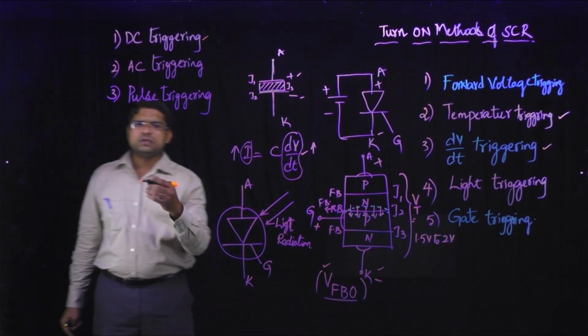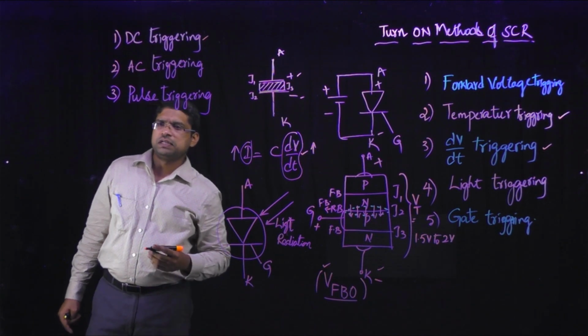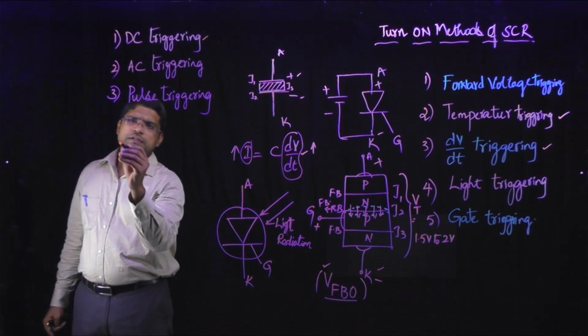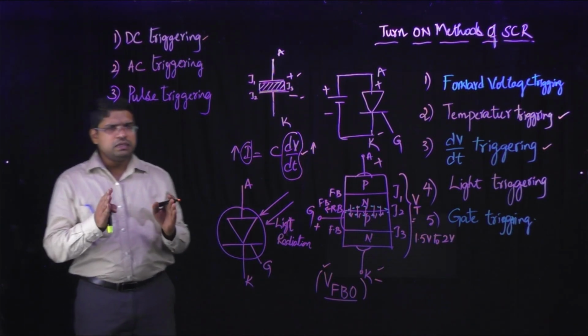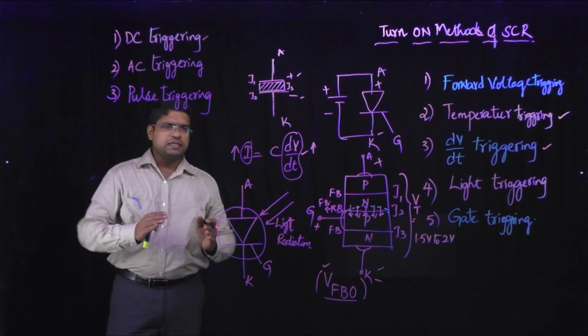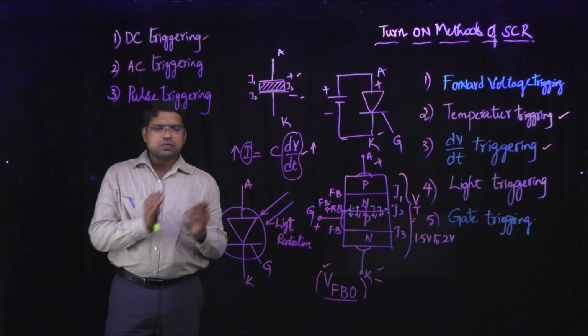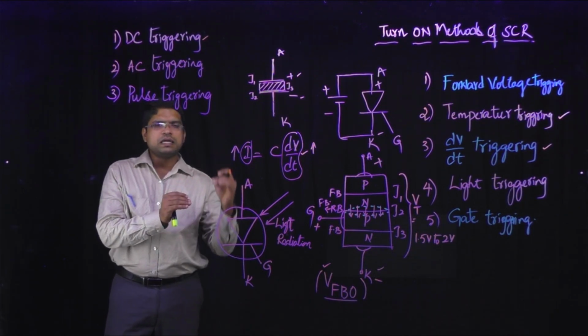Now let us see how the AC gate triggering circuit appears. Here there are two circuits mainly in this type of gate triggering, that is main circuit and control circuit. Main circuit is connected to the anode and cathode terminals. Control circuit is connected to the gate and cathode terminals.